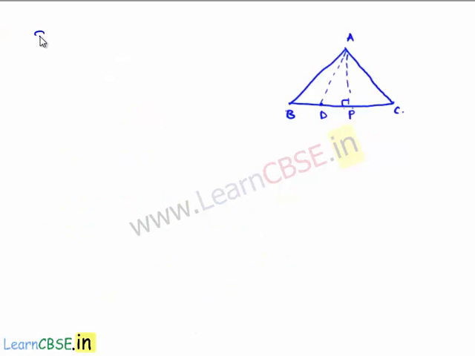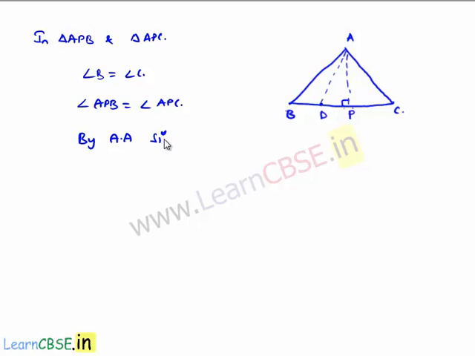Now let us consider the two triangles, that is triangle APB and triangle APC. In these two triangles, angle B is equal to angle C and angle APB is equal to angle APC. Therefore, by AA similarity, we can say triangle APB is similar to triangle APC.